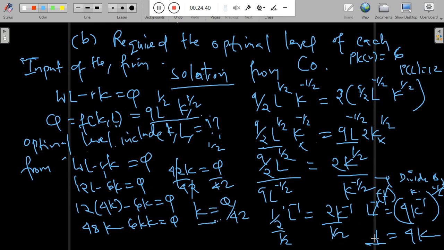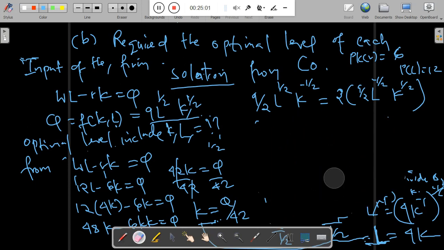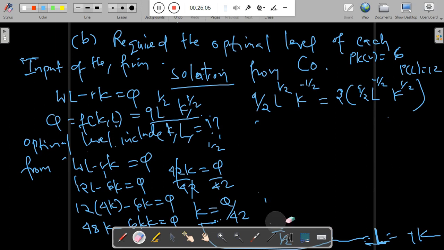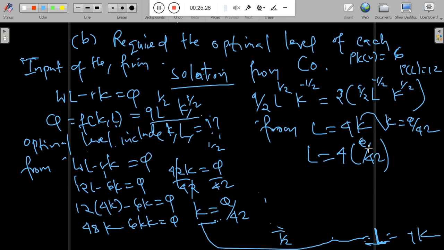Since we have the value of K, we need to find the value of L. So let us plug the value of K into L. From L equal to 4K, L will be equal to 4 times the value of K, that is Q over 42.